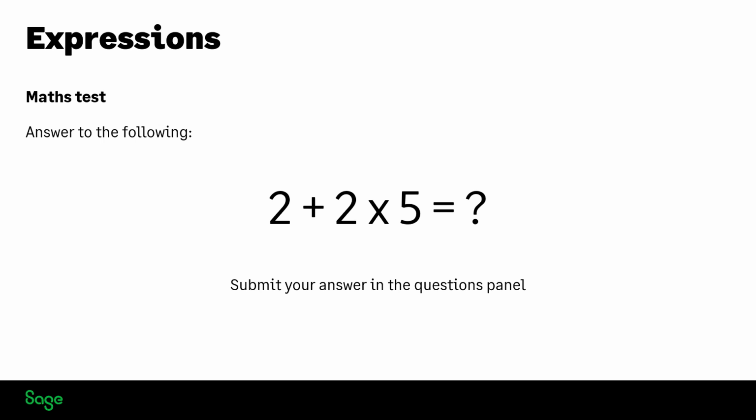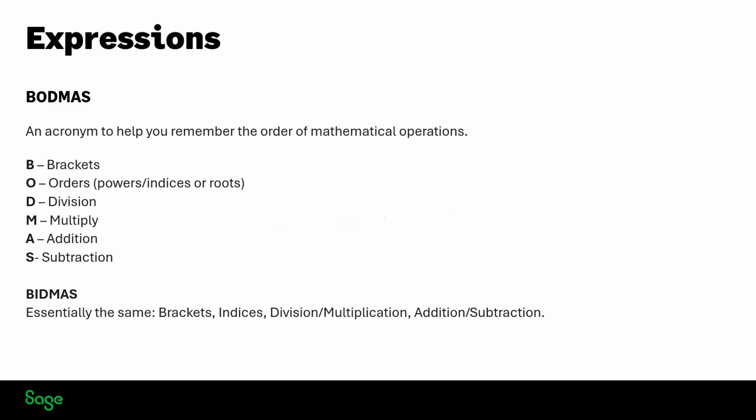And that's where we want to apply things like what you term your BODMAS theory. Now, some of you will have heard of things like BODMAS. So it's an acronym to help you remember the order of mathematical operations. So you should do them in the order that they're listed.